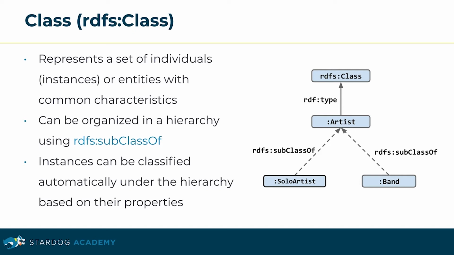So, as we can see in the music data example, solo artist and band are subclasses of artist. At the end, we have to say also that instances of such classes can be classified automatically under the hierarchy based on their properties.